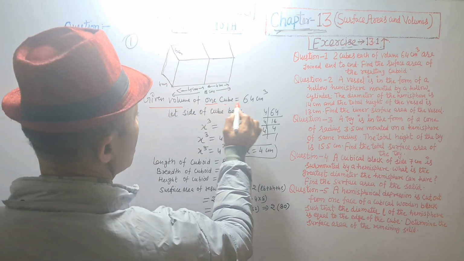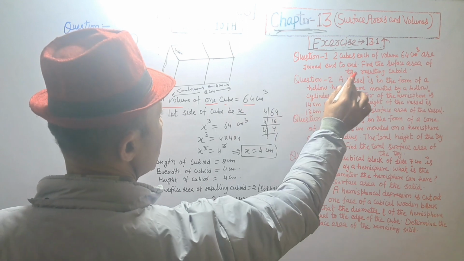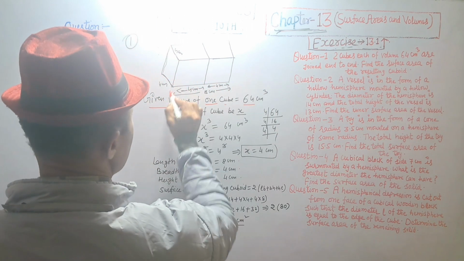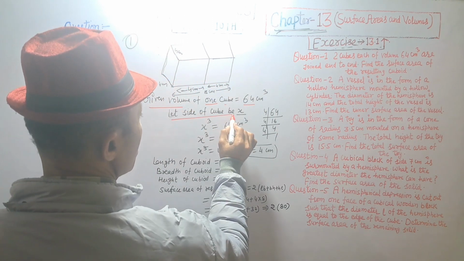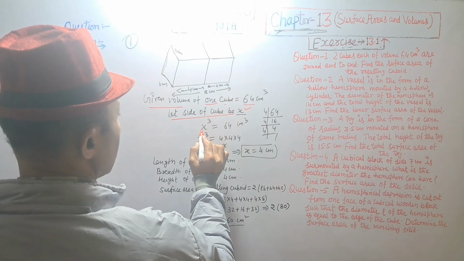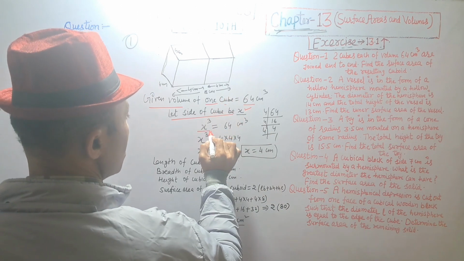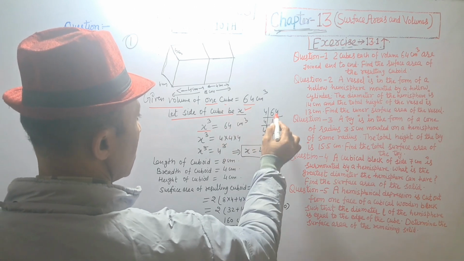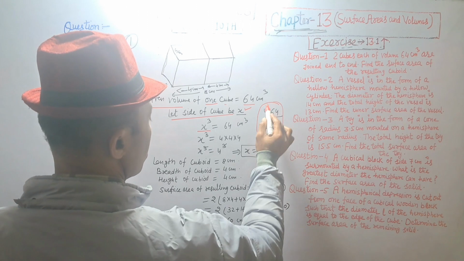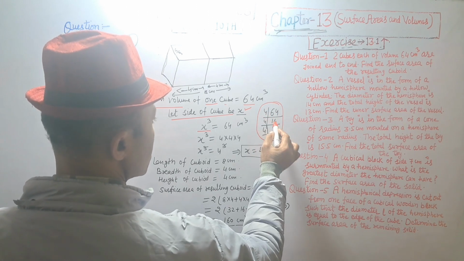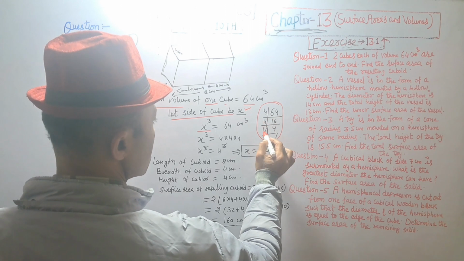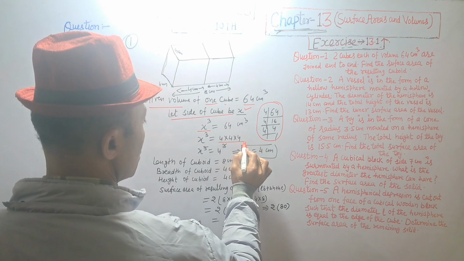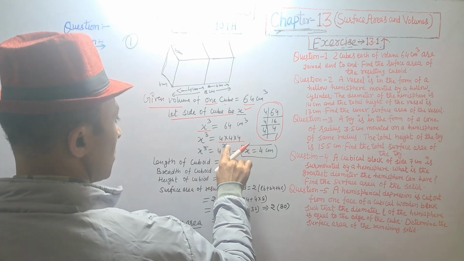Given volume of one cube is equal to 64 centimeter cube, and we have two cubes. Let side of cube be x, and volume of cube, that is side into side into side, equal to 64, and factorization of 64 is 4 into 4 into 4, that is 4 raised to power 3.